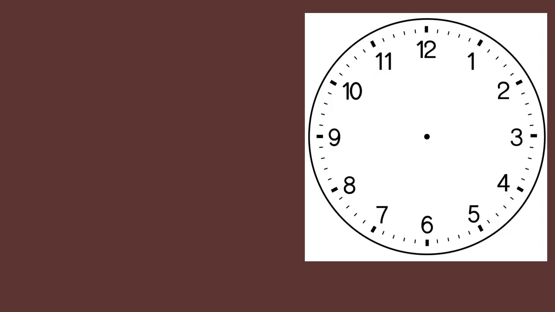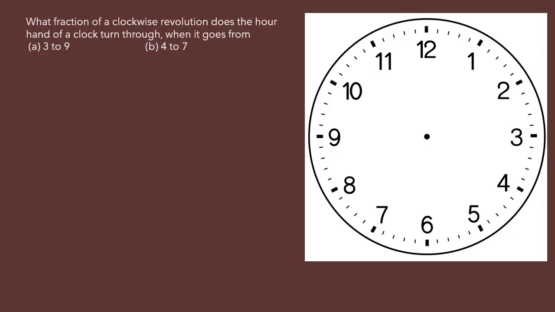Now let us see here. There is the clock again. Let us see the question. What fraction of a clockwise revolution does the hour hand of a clock turn through when it goes from 3 to 9? So we are concerned only about the hour hand. We are not bothered about anything else. You will draw only the hour hand. You need not think about the minute hand.